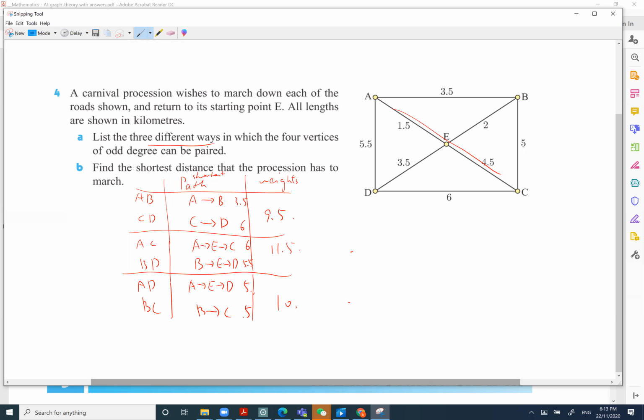You need to match all the routes. So we need to repeat all the routes. AB, CD, AB.